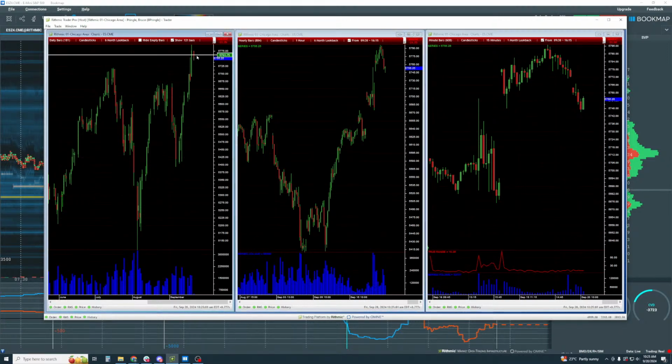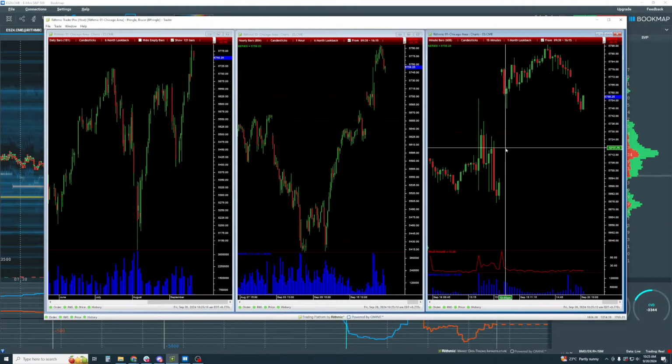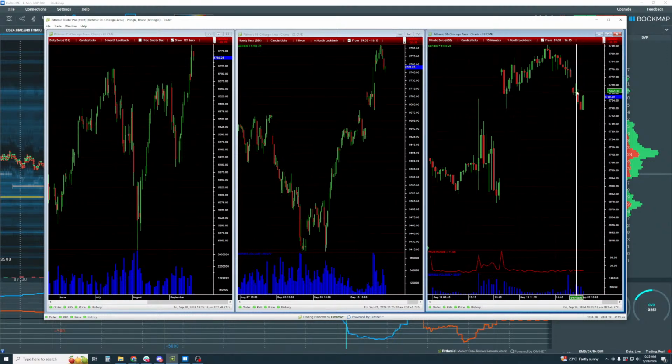On the daily, we have quite a bit to retrace. That could be down to 57.17, which would be somewhere around in here, which looks pretty good. That would also be a partial gap fill, as long as we see the sellers roll in.